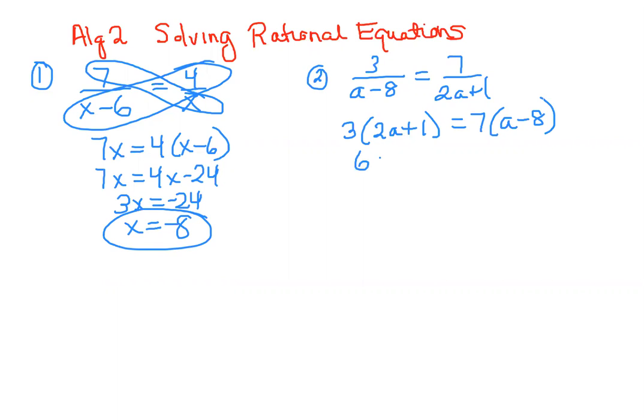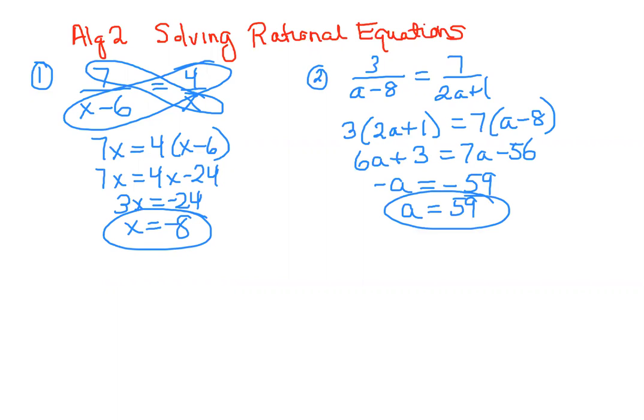Distribute. 6a plus 3 equals 7a minus 56. Solve. If I bring this over here, I get negative a equals negative 59. So a equals positive 59. And that's my answer.